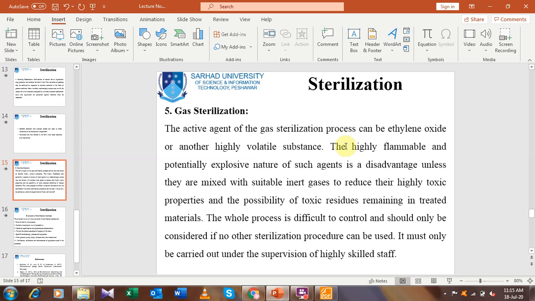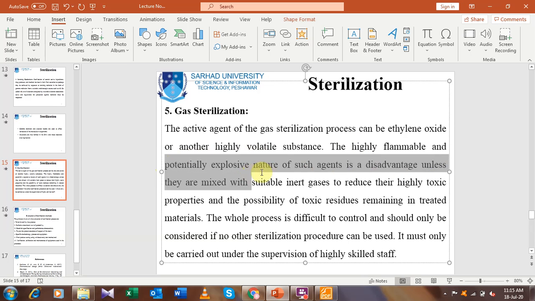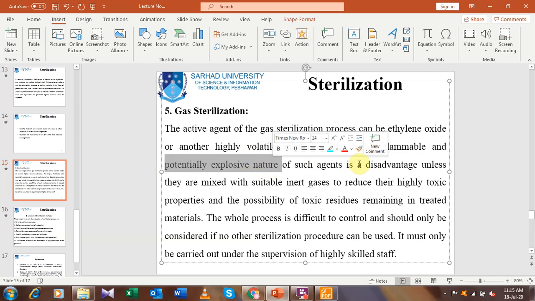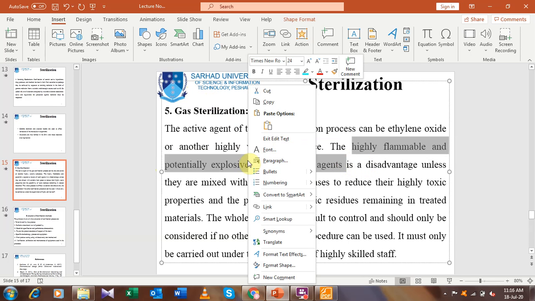The highly flammable and potentially explosive nature of such agents is one of the disadvantages of gas sterilization, unless they are mixed with inert gases.